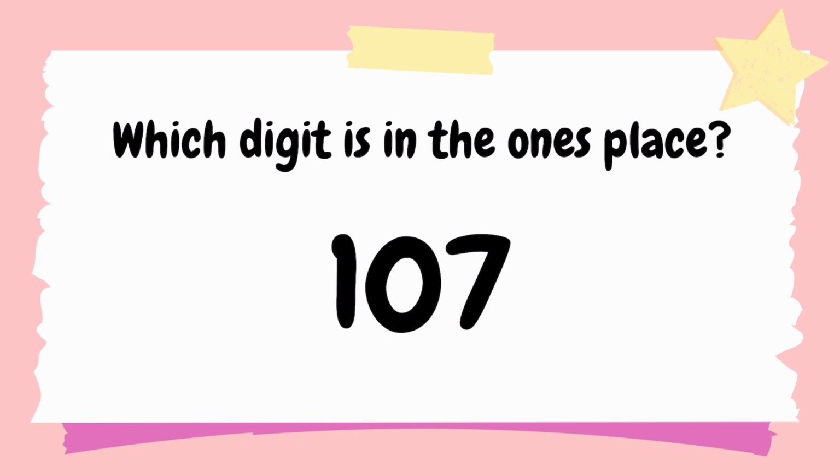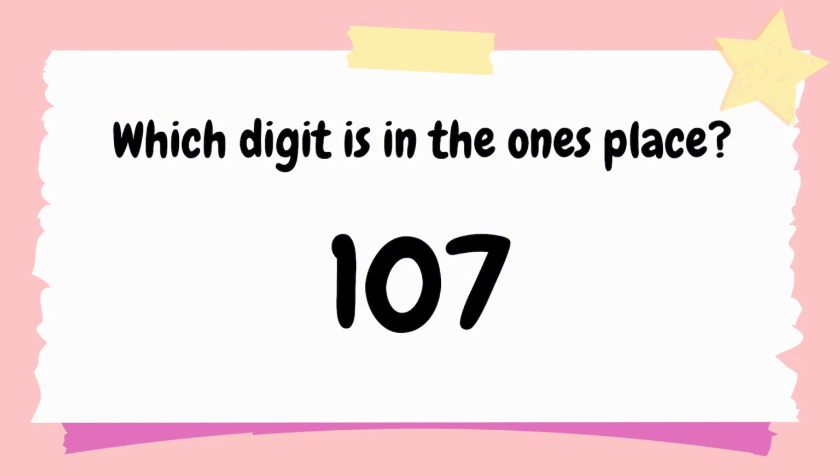Which digit is in the ones place? That's right, it is 7. The digit in the ones place is a 7. Now, how much is that digit worth? Go ahead and answer. Well, it's in the ones place, so it's worth 7. The digit is 7, and it's worth 7.